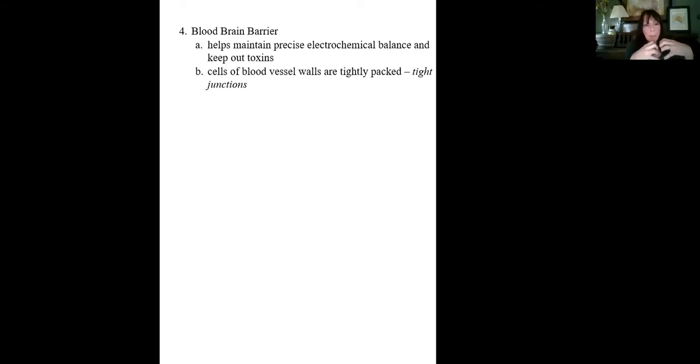How is it that we have this barrier? In our blood vessel walls, in the rest of our system, we have little tiny gaps between each of the cells, so that fluid can be extruded through those vessel walls. We need it like that for a lot of functions, for getting nutrients into certain areas, available to tissues and structures, and also to pick up waste and carry it away.